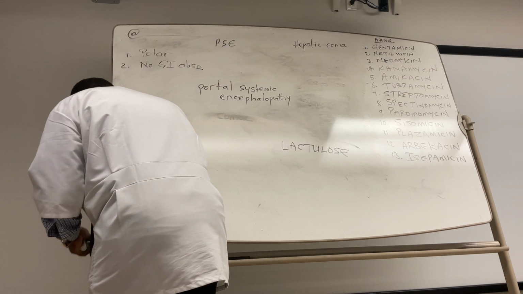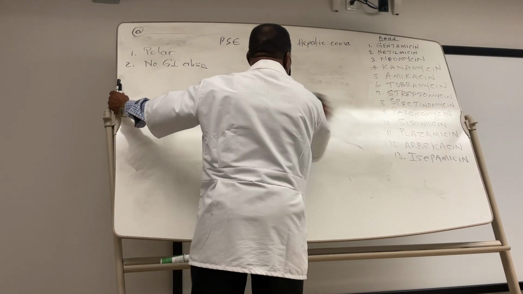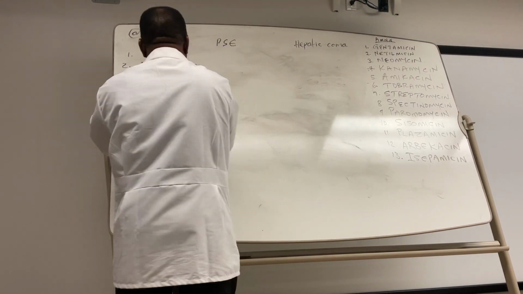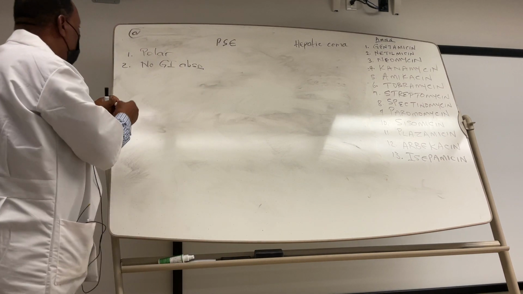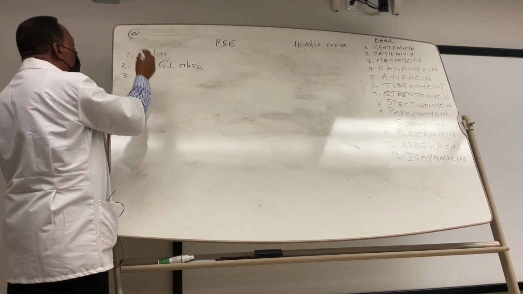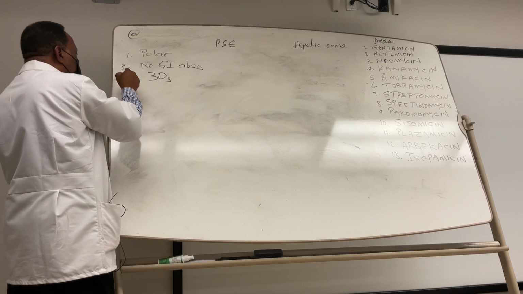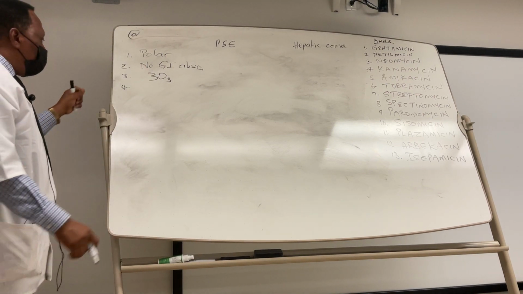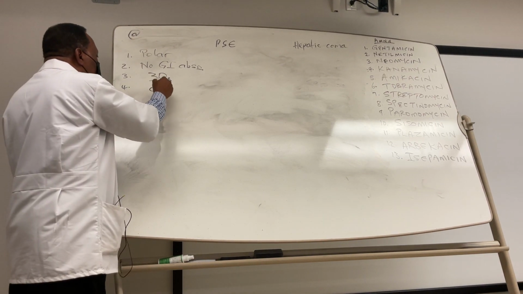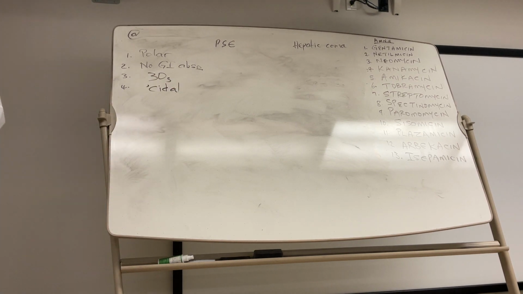So other things that are common to your aminoglycosides. Site of action, because they all work at the 30S ribosomal subunit. They are all bactericidal.